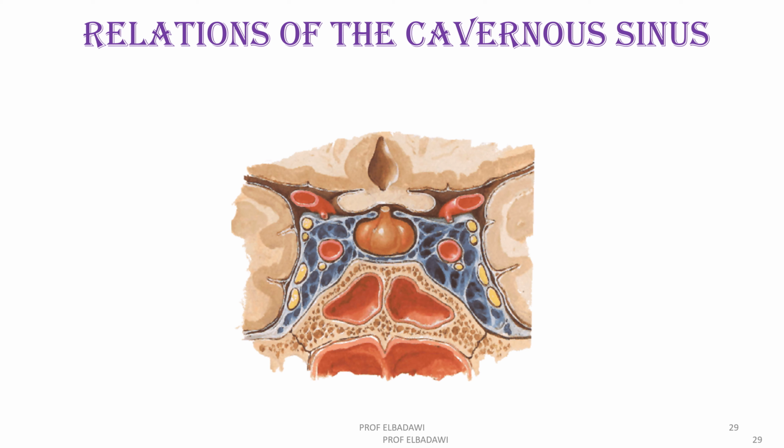Now, the cavernous sinus has some relations which are very important to know. It has contents, to start with. The third nerve, the oculomotor, is in the lateral wall, with the trochlear nerve below it, the ophthalmic division of the trigeminal, and the maxillary division of the trigeminal, the four of them in the lateral wall. The sixth, the abducent nerve, is found lateral to the internal carotid artery.